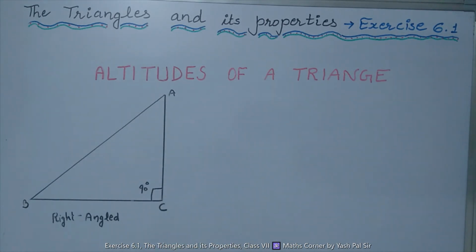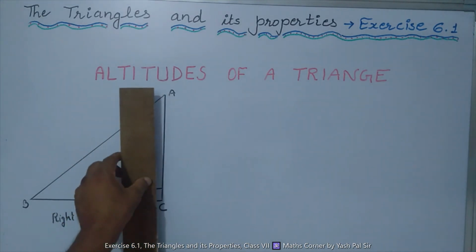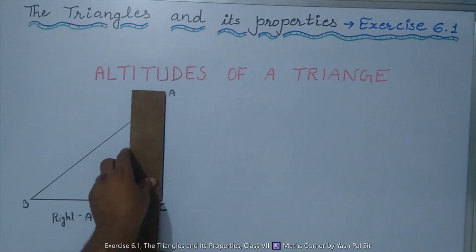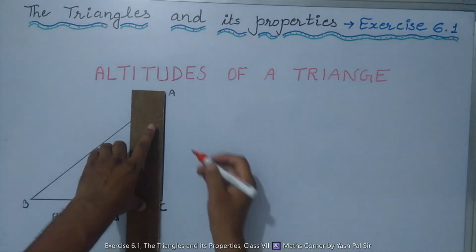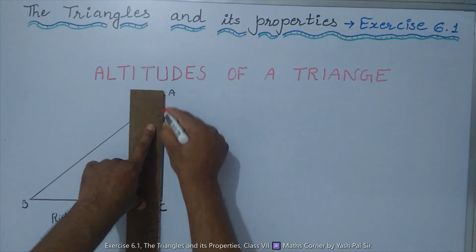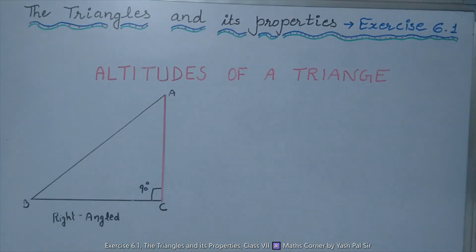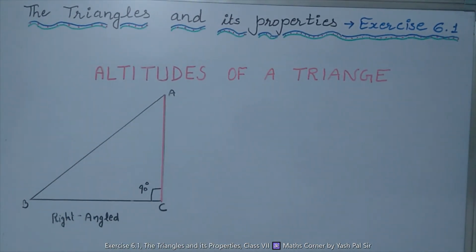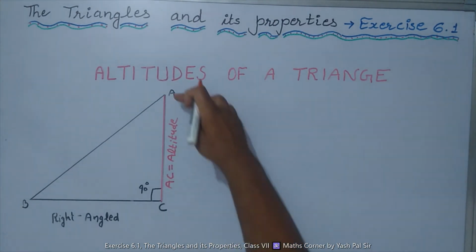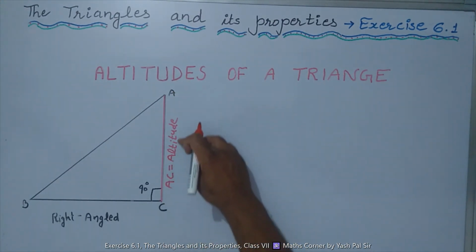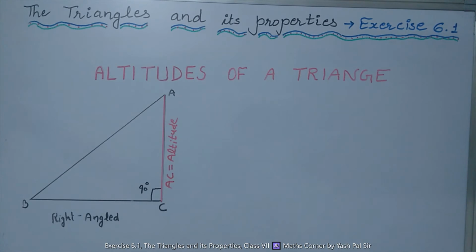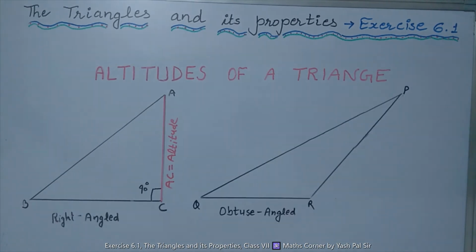Of course, the side AC itself is the altitude of the triangle. Side AC is itself the altitude of this triangle.